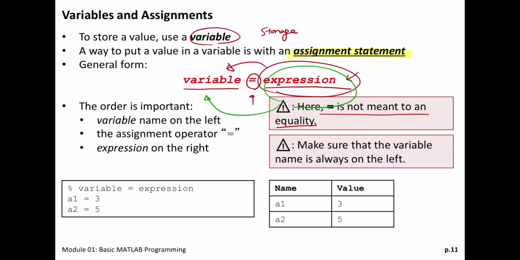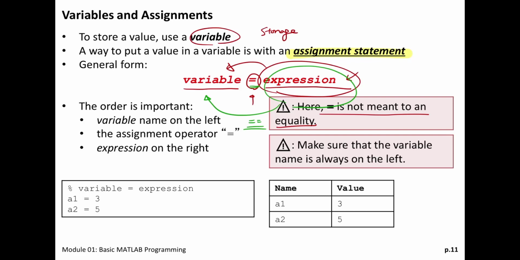I'm telling you that more than 10% of students still make a mistake and still don't understand this assignment statement at the end of this course because they're confused between equality and the assignment statement. Equality is a different one.